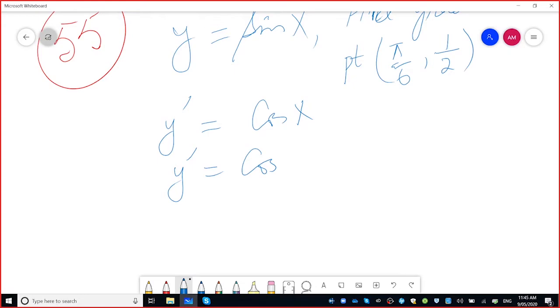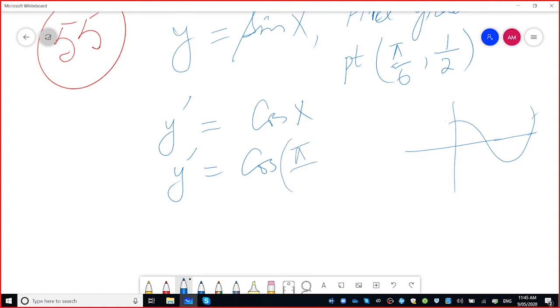So it is given that this is the point on the curve. Now we want to know its gradient at this point. So actually, if I draw, this is a sine, and you are given that it is at pi over 6, and you want to know the gradient.